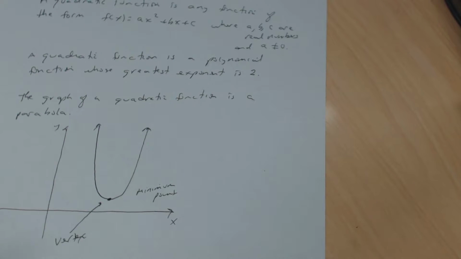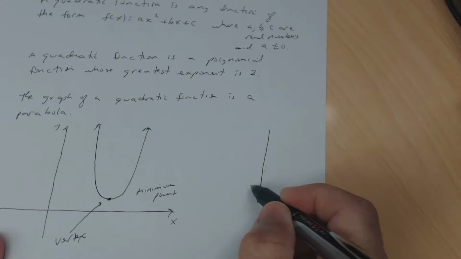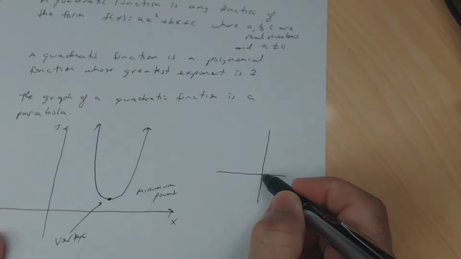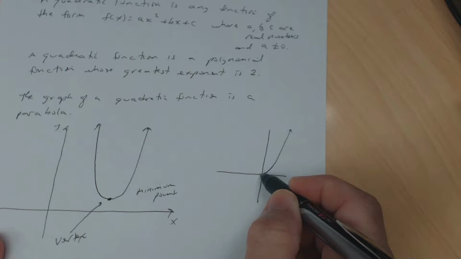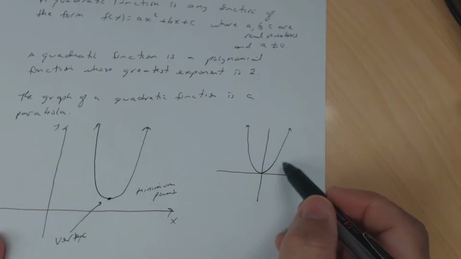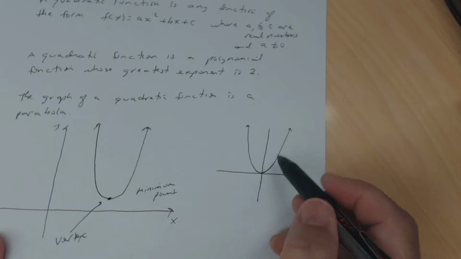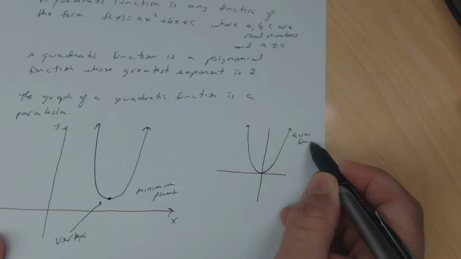All right. Now, notice that all parabolas. Now, remember in a previous lesson when you talked about even, odd, and neither, that when we drew an even quadratic function, it was symmetric about the y-axis. See how this parabola is symmetric about the y-axis? This would be an even function.